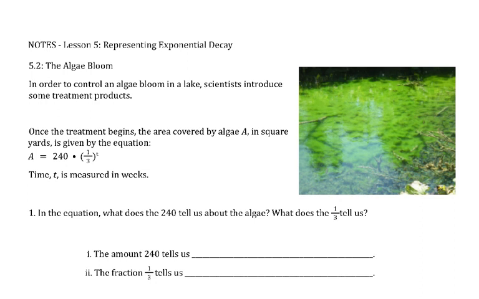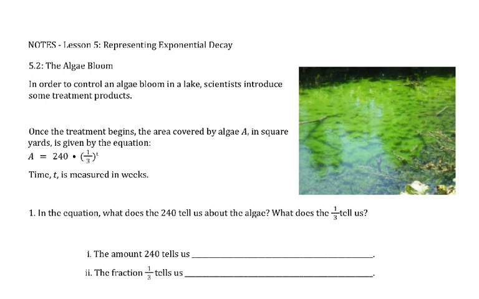So we've got a real life situation where you are a scientist in charge of looking at algae bloom on a lake. What you're trying to do is control the algae bloom by putting in some treatment products.